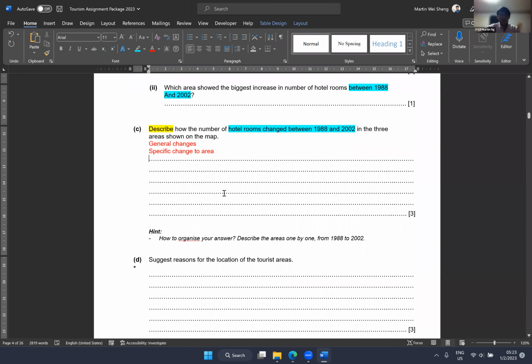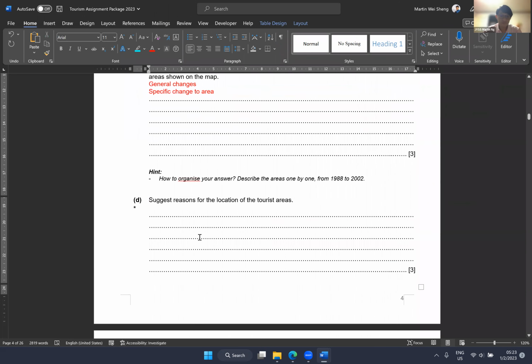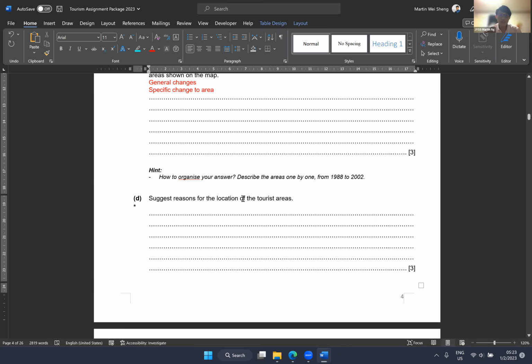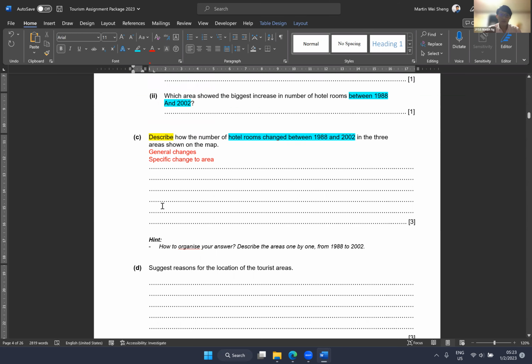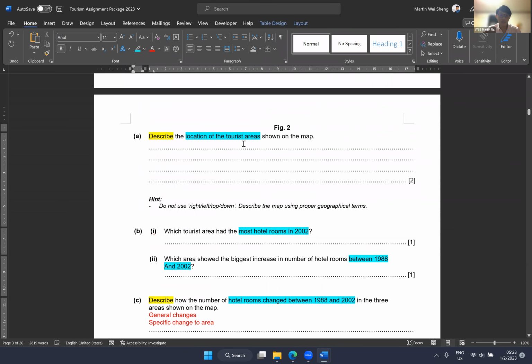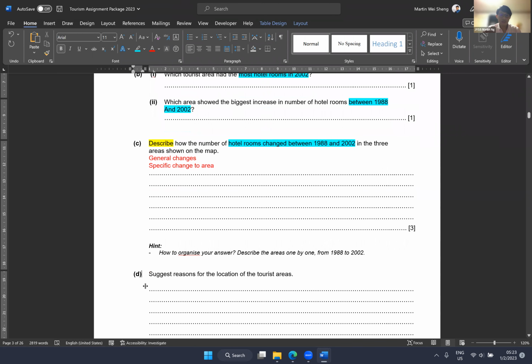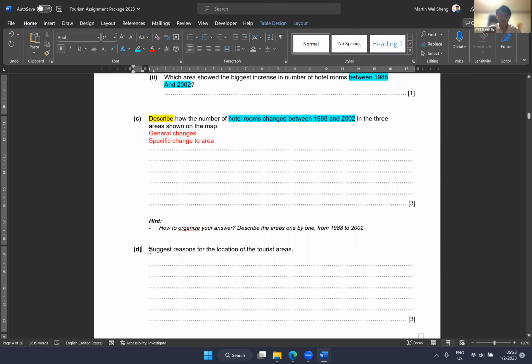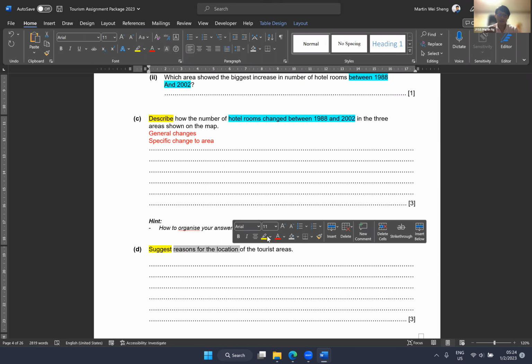All right. Now, the final question. Suggest reasons for the location of the tourist area. So in question A, you described the location. The last question suggests reasons why the locations of the tourist area are as per what you described earlier.